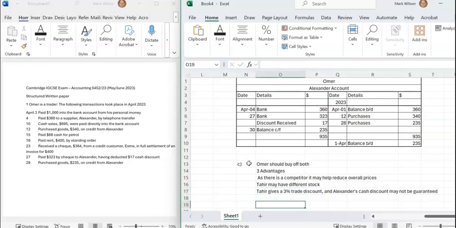And then the last thing you asked for is 1 disadvantage. And Alexander, well, you could say that there's a little bit of loyalty in there, and so Alexander might be unhappy.